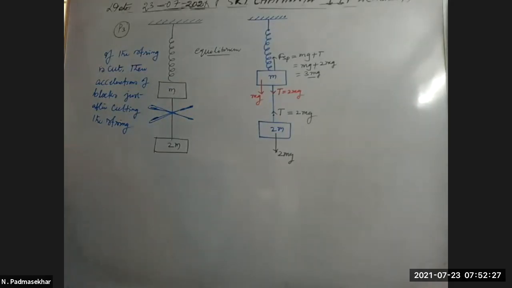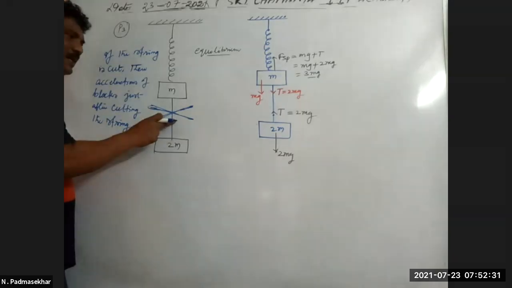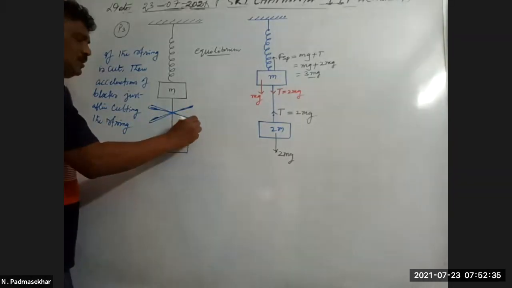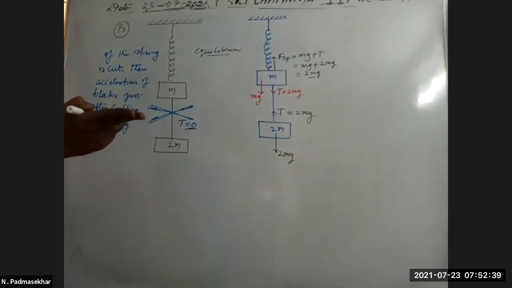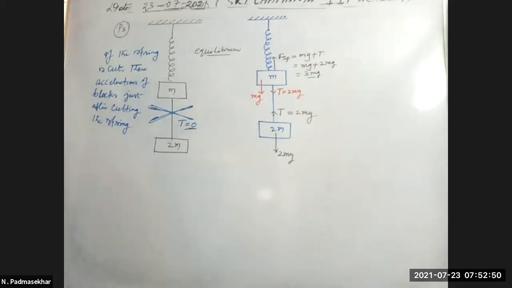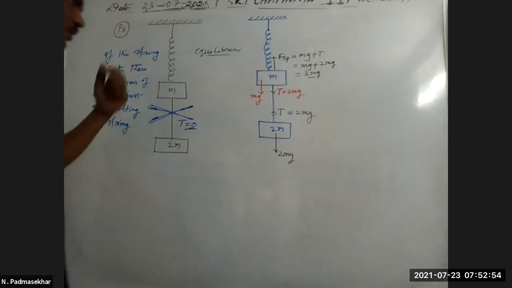Whenever the string is cut, the tension in the string is equal to 0. That is the concept. After the string is cut, tension is equal to 0. So tension is equal to 0.